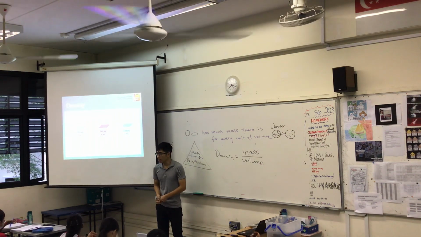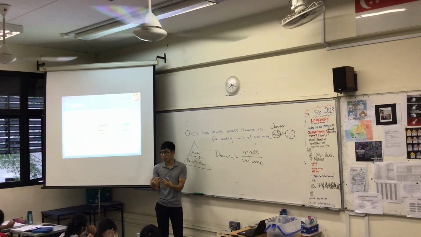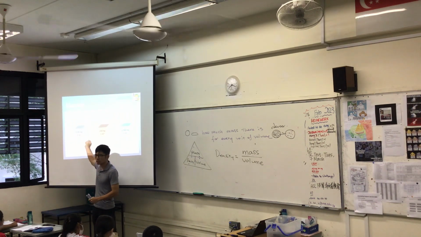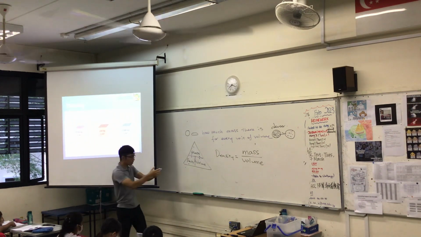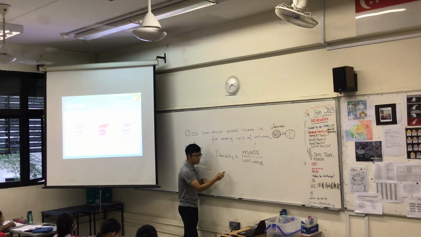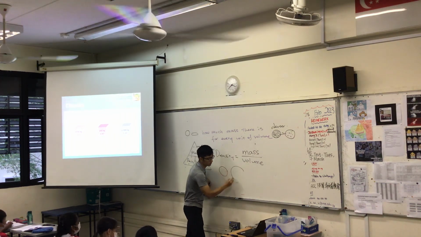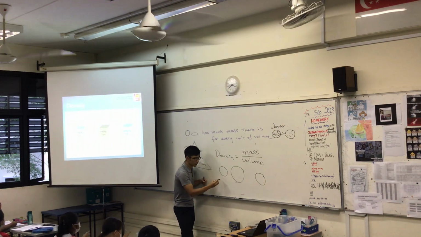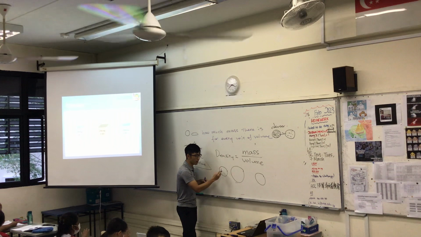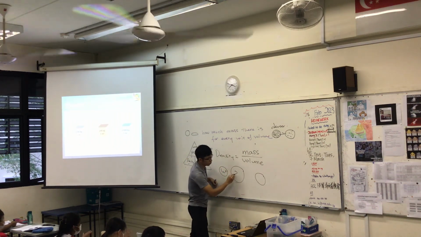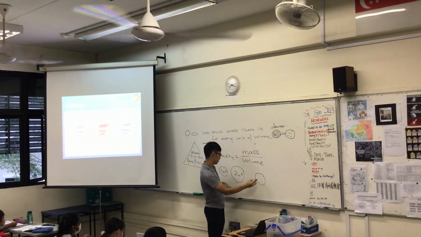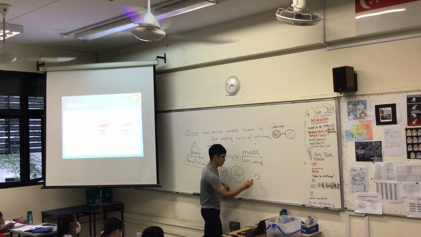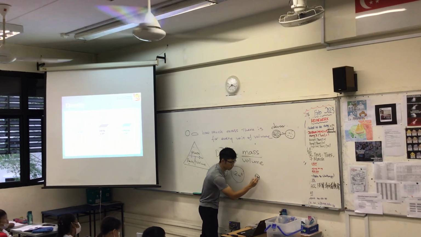Okay, let's practice. You are allowed to use a calculator when it comes to calculating density. So let us change the densities. Okay, let's do a quick new theory. This one has a volume of 1 meter cube, 2 meter cube, 5 meter cube.